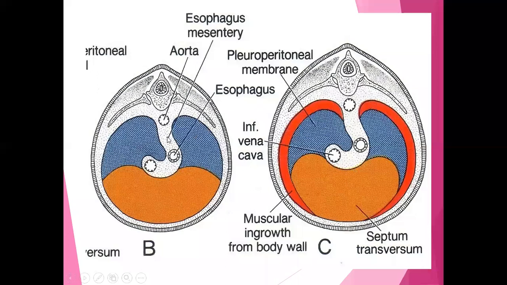The mesentery of the esophagus will join on both sides to the pleuroperitoneal membrane. The esophagus has its own anterior and posterior mesentery, so it will complete the partition between the thoracic cavity and the abdominal cavity.